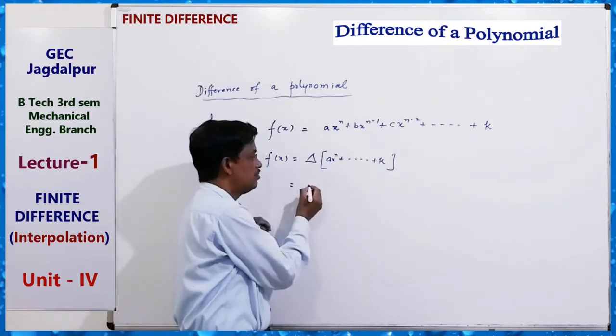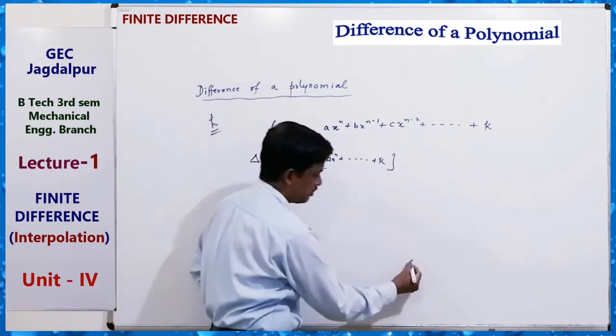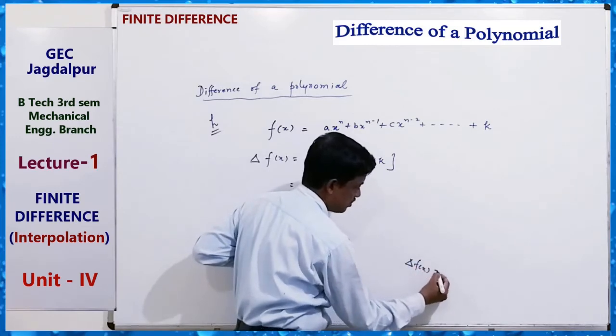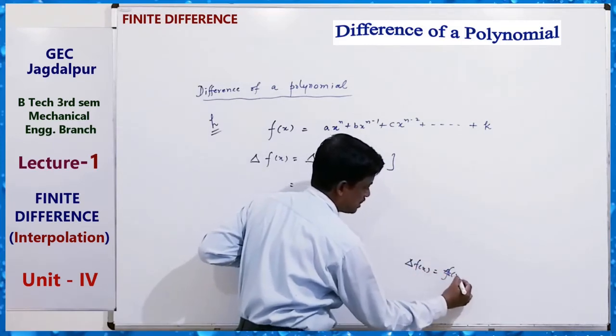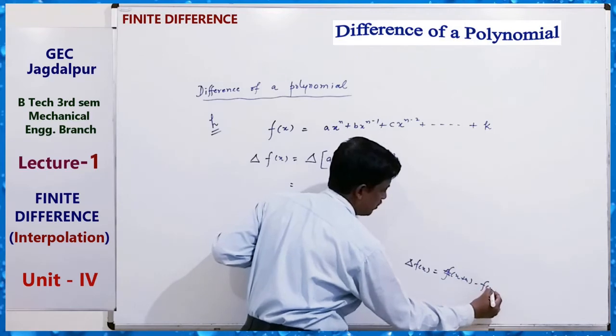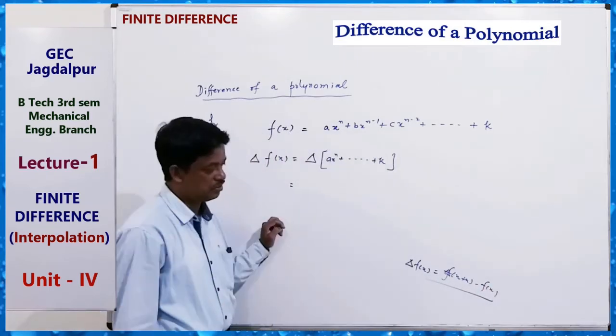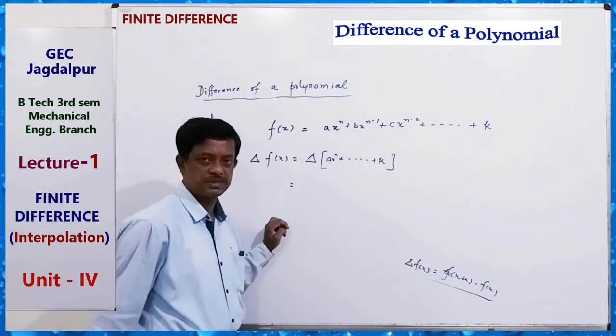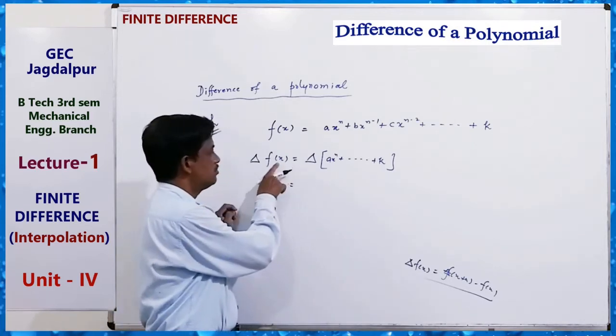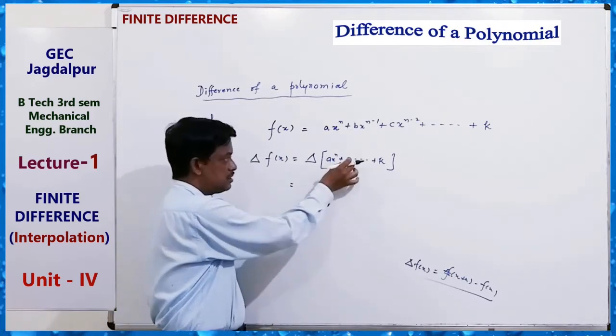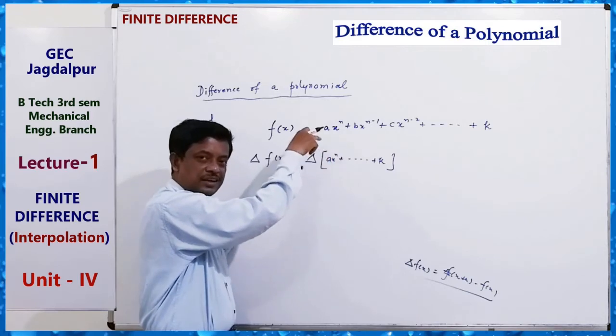So we can now write the difference of the function: f(x plus h) minus f(x). This is the definition. Delta f(x) equals f(x) subtracted from f(x plus h), that is, in place of x we have to write x plus h.